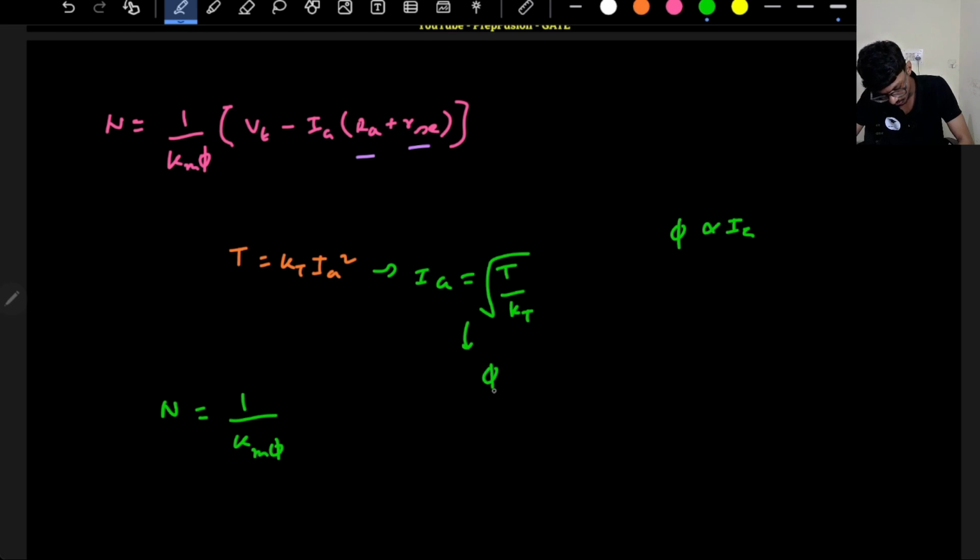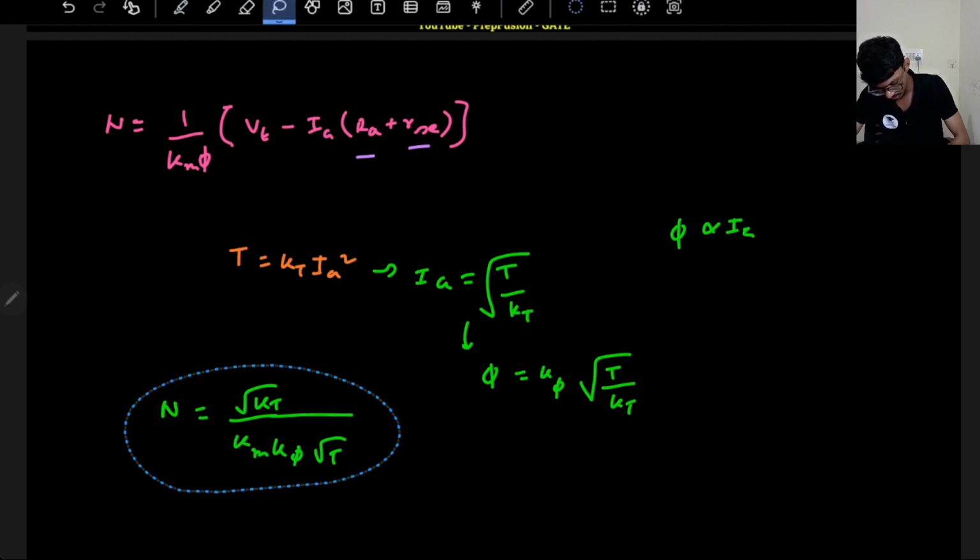Flux will also be some constant K1 into T divided by Kt. Let me write this as K phi into T divided by Kt, right? So this will be K phi under root T into under root Kt. I just want to write the equation.